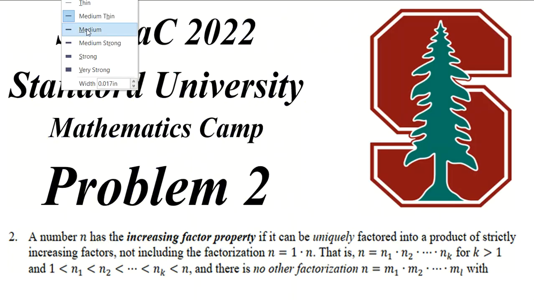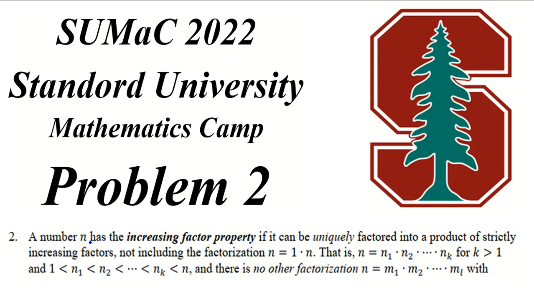Problem number 2 says a number n has the increasing factor property if it can be uniquely factored into a product of strictly increasing factors, not including the factorization n equals 1 times n.